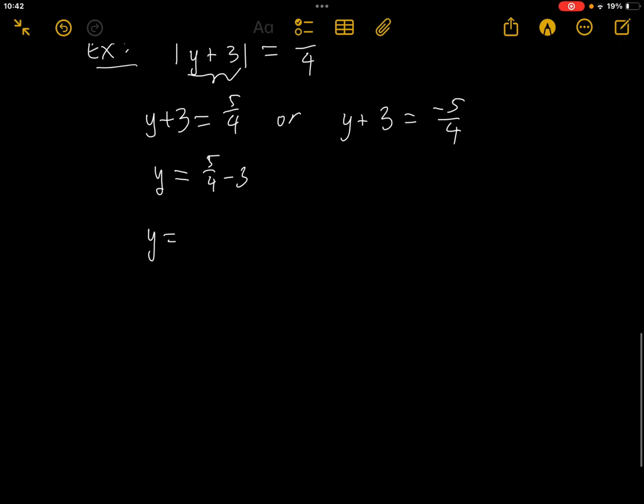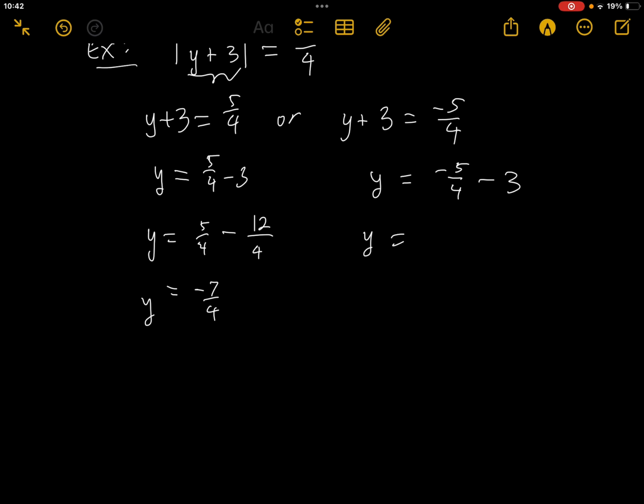So y is equal to 5/4 minus, how do I rewrite 3 so it has a denominator of 4? 12 over 4. And 5 fourths minus 12 fourths is negative 7 fourths. So that's one possibility. The other possibility is y plus 3 is negative 5 fourths. So I'm going to subtract 3 on both sides.